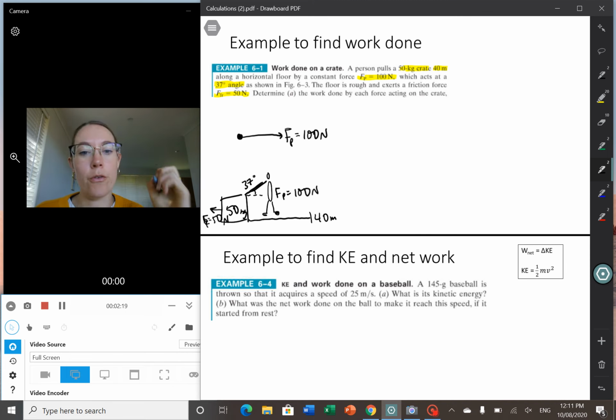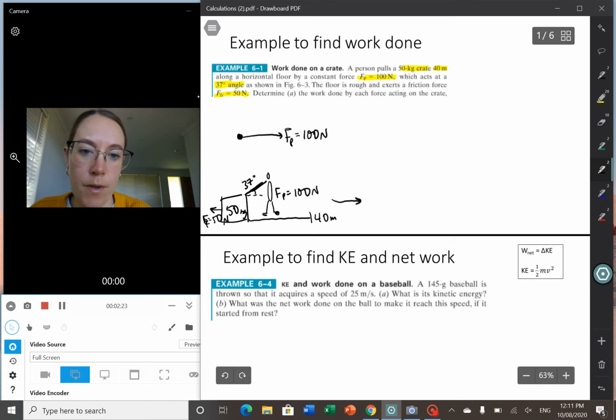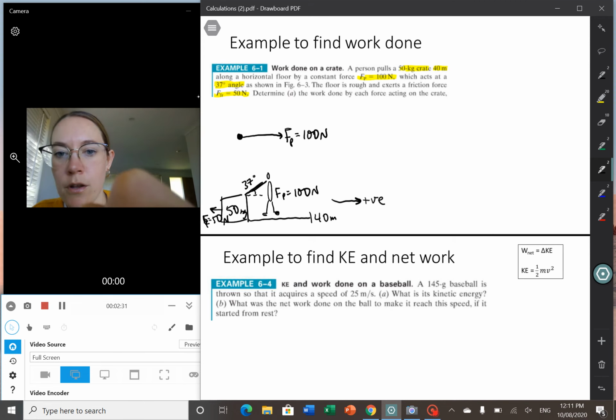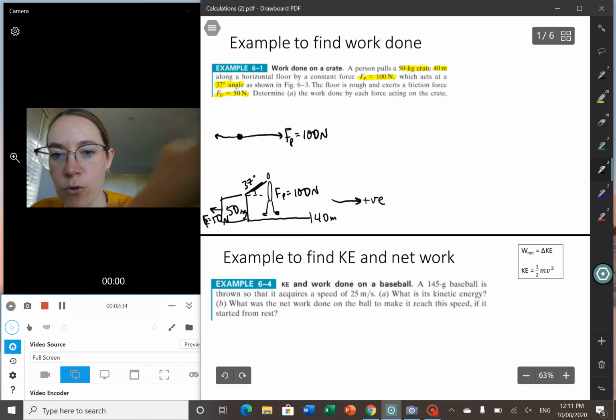Something I forgot to do as well actually was define the right of the page as the positive direction. So my frictional force is going to take on a negative value.